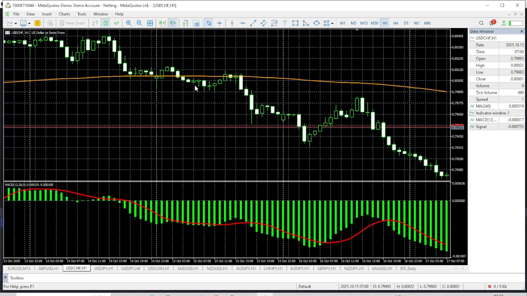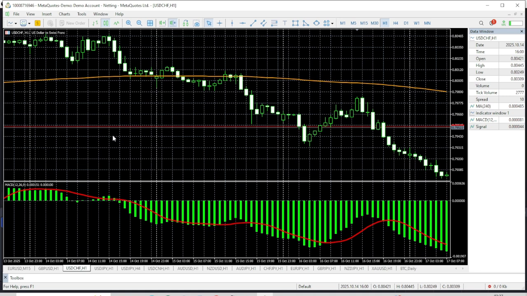Now, we want to consider the momentum confirmation, which is the MACD, moving average convergence divergence. This tool can stand on its own, but in order to filter the noise in the market, we introduce EMA 240 to determine the direction for us, to choose for us the direction to go.